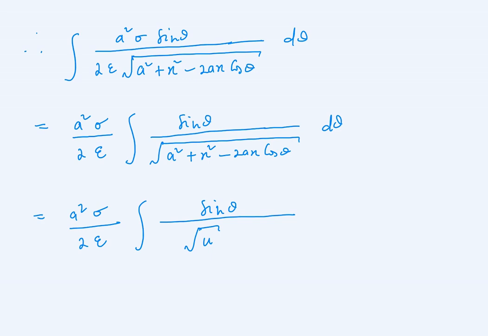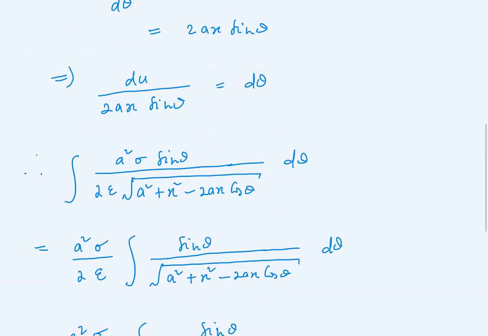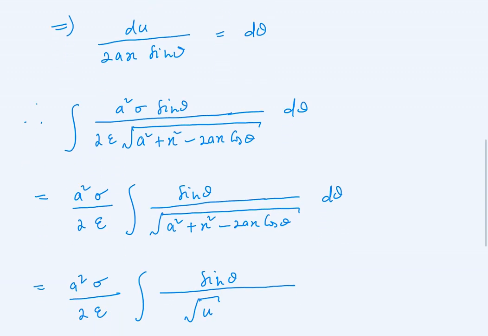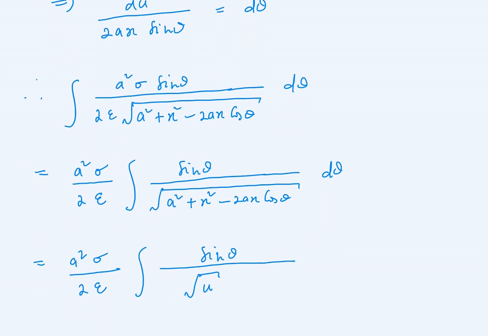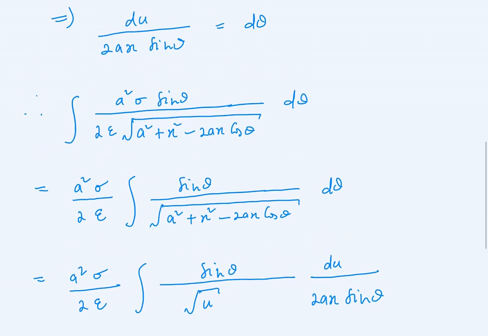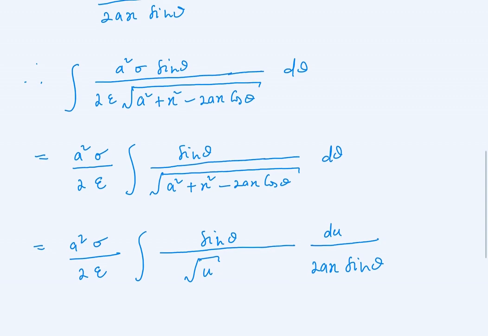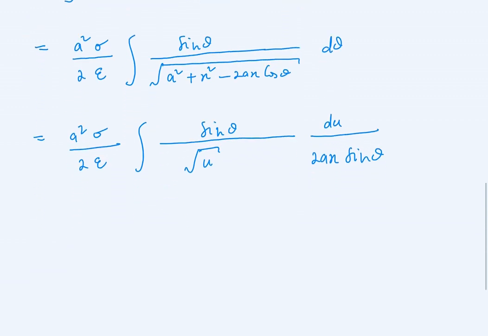Then we showed that d theta is equal to du over 2ax times sine theta, so we replace d theta with du divided by 2ax multiplied by sine theta. We make that substitution.